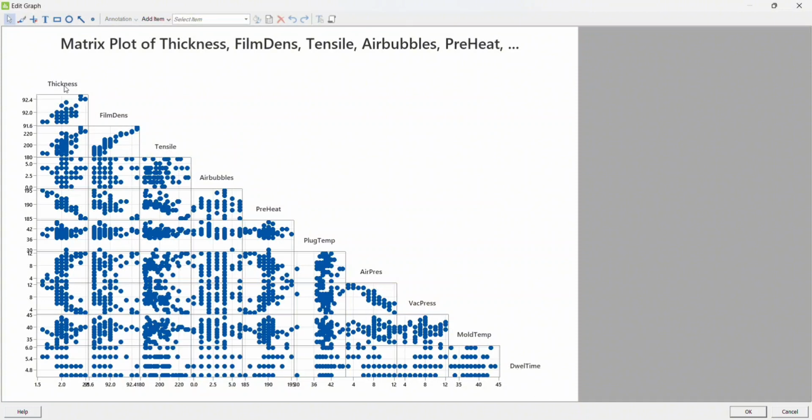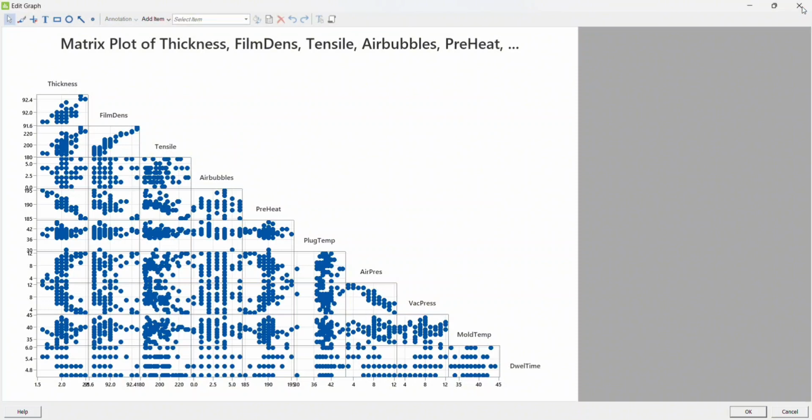So this is the relationship between thickness and film density. Here thickness becomes the x-axis and film density becomes the y-axis. So this first row will give you the relationship between thickness and all these x's. That's how the graph changes, just to give you a look at a different view of it.